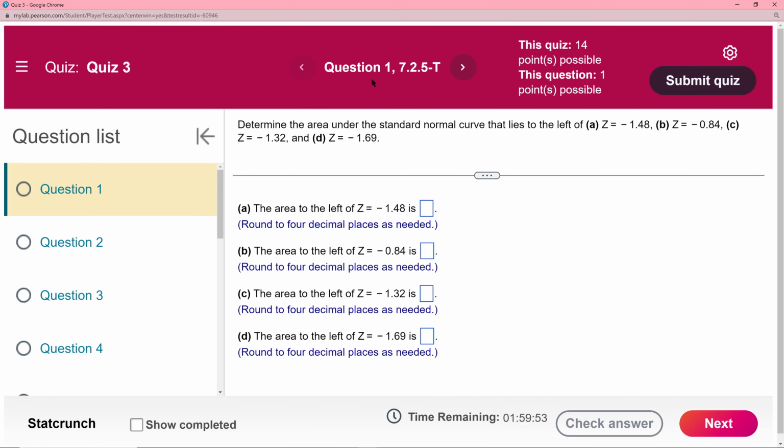This is a pretty important topic, actually. Determine the area under the standard normal curve that lies to the left of this. And we're talking standard normal curve. There's a lot of support on this. If you go into discussions, I'm sure I've done quite a lot on these type of questions on 7.2.